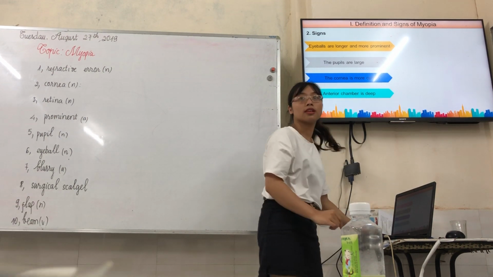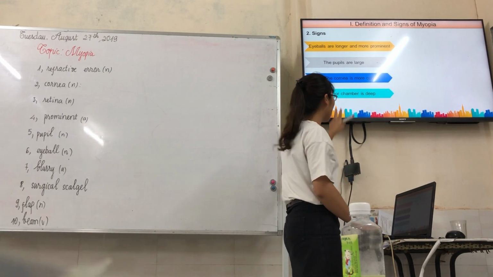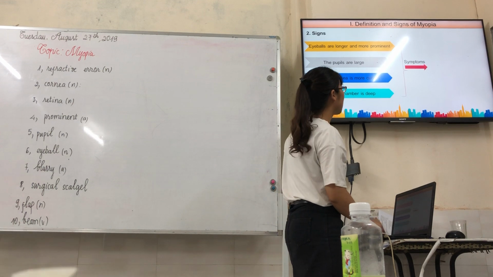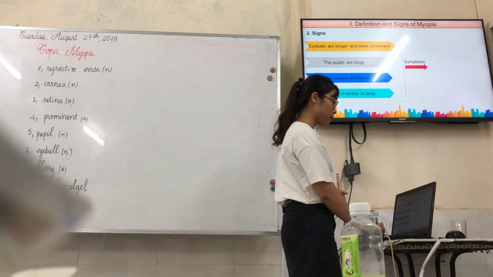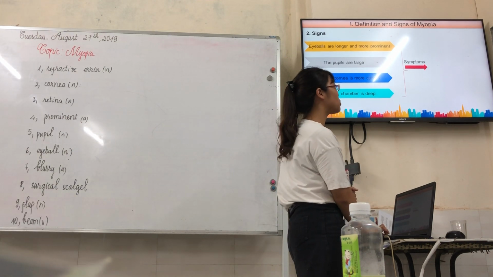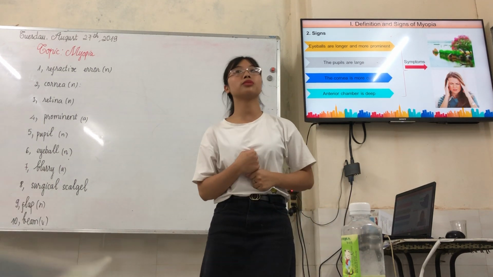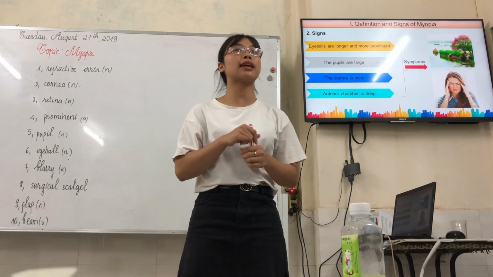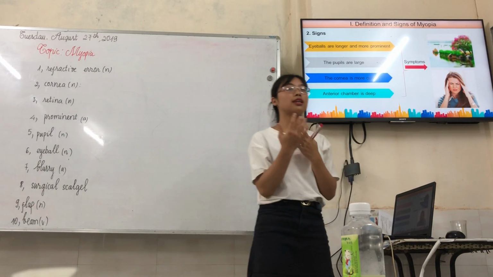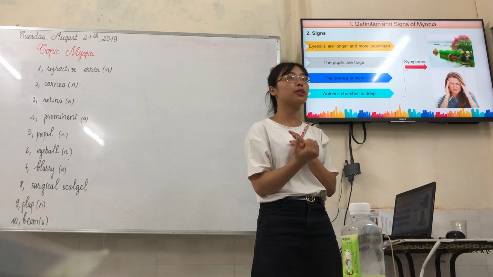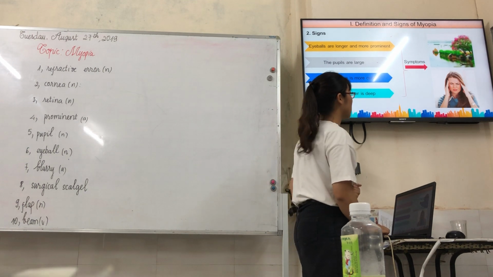Do you know curve? And the anterior chamber is deep. This is the eye socket. All of them cause symptoms like seeing objects blurry, and moreover sufferers have headache and tired eyes every day, especially when you sit at the computer, even for a short time, you are still tired.